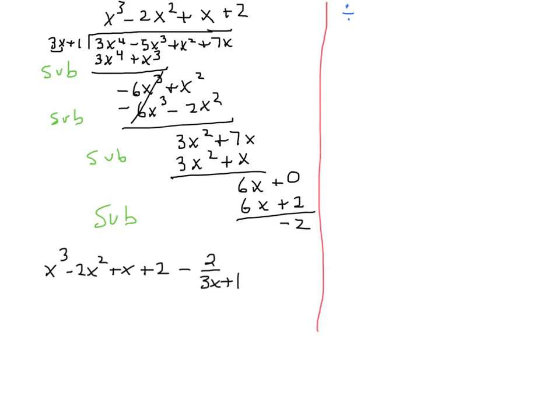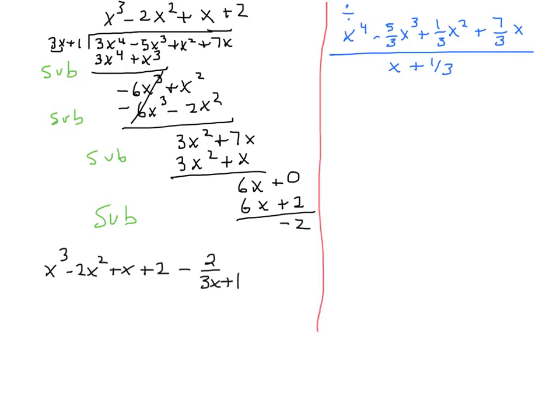Okay, so you have to divide both the numerator and the denominator by 3, which leaves you with x to the 4th minus 5/3 x to the 3rd plus 1/3 x squared plus 7/3 x, and then you will be dividing by x plus 1/3.